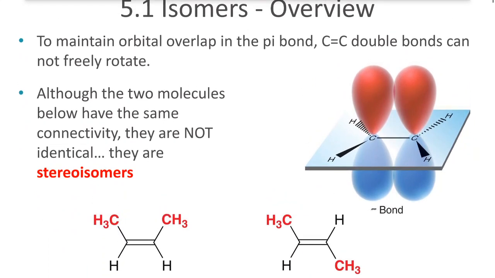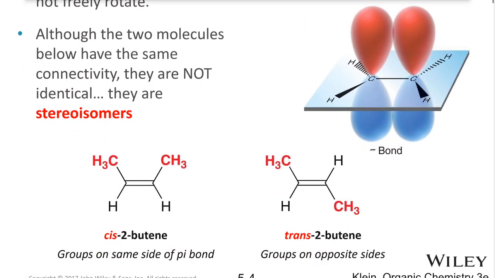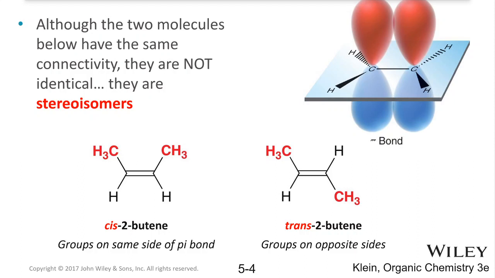So carbon-carbon double bonds don't freely rotate like carbon-carbon single bonds do. So although these two molecules have the same connectivity, they are also stereoisomers. They're not identical because we don't have free rotation at the double bonds in these molecules. And so here we have two examples of 2-butene.